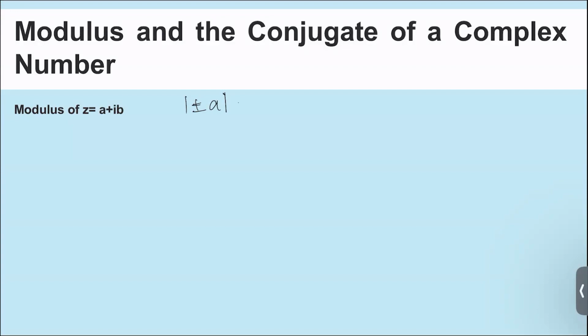What it does is remove the sign and only give you the value of the magnitude of that number. Now in a complex number you have the real part and an imaginary part.